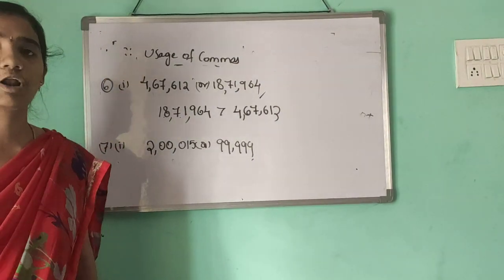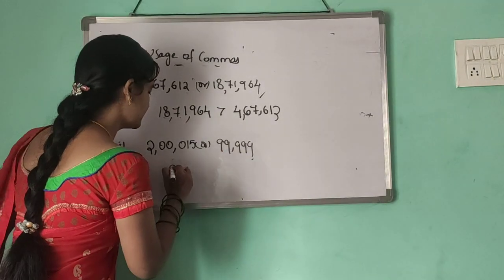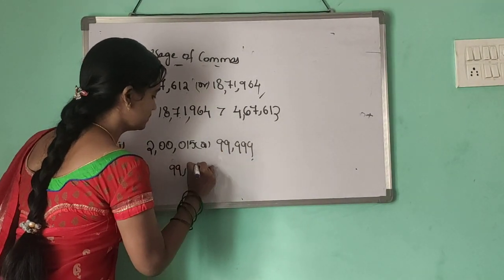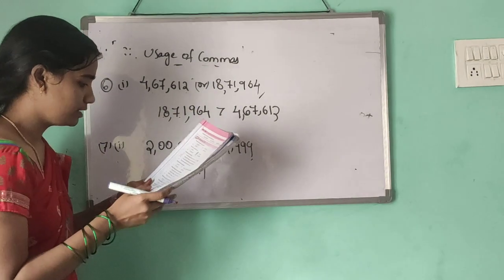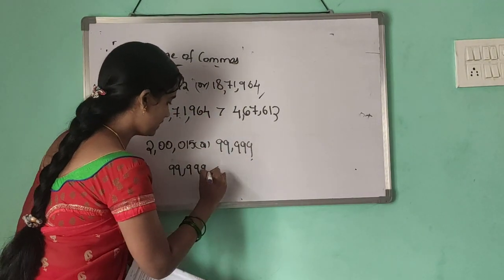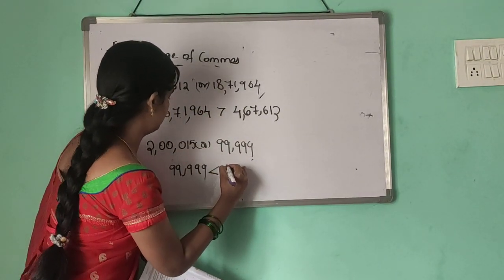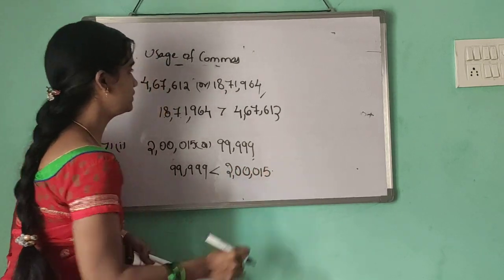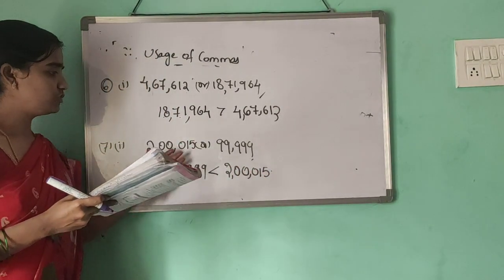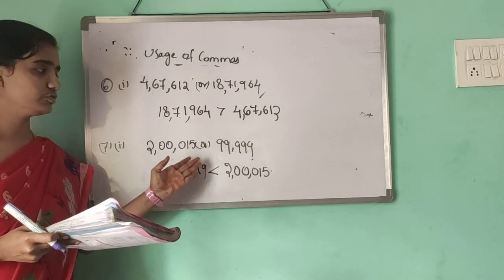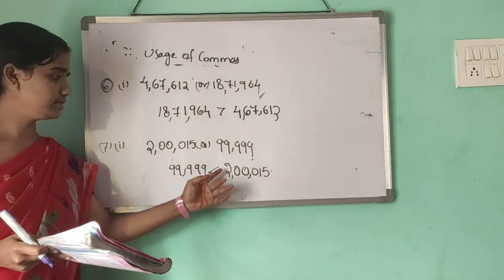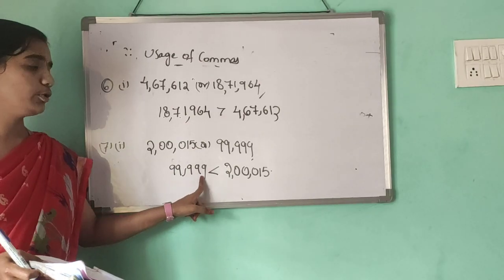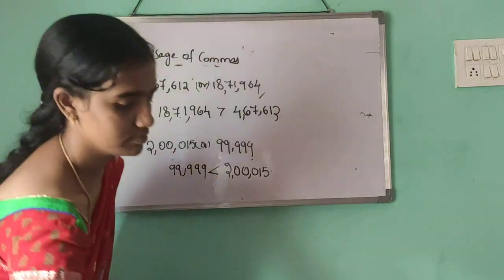Which is the smallest? 99,999 is the smallest. 99,999 is less than or equal to 2 lakhs 20,015. This is how to check which is the smallest and which is the greatest. Comparing these two, 99,999 is the smallest.